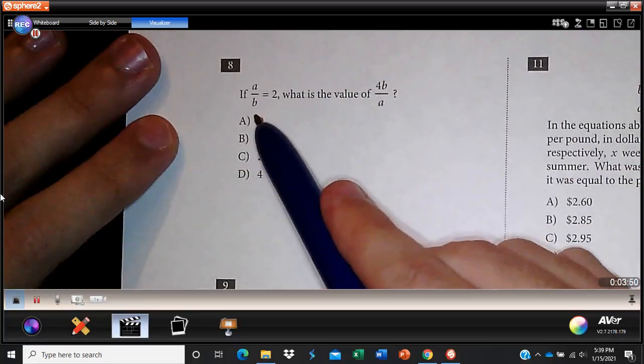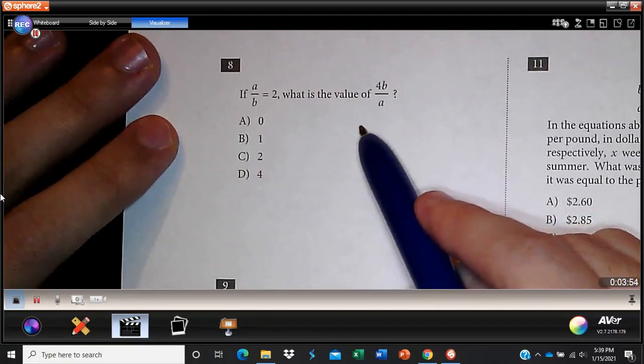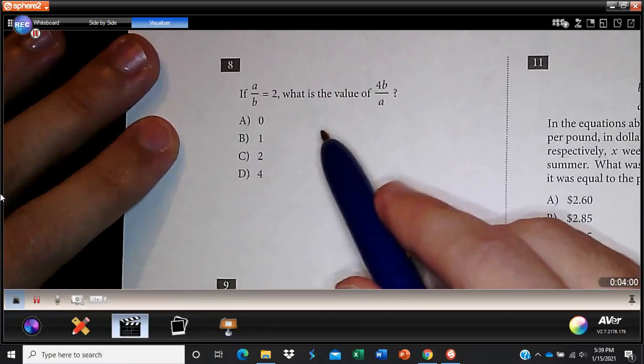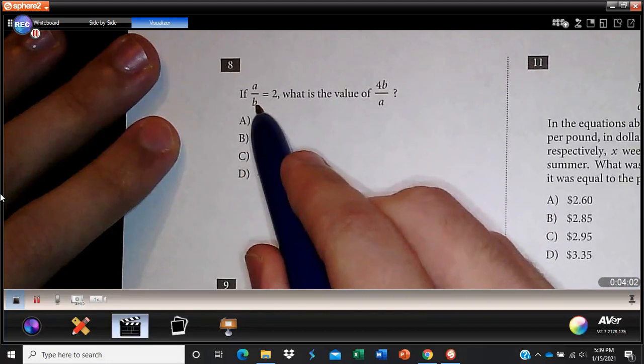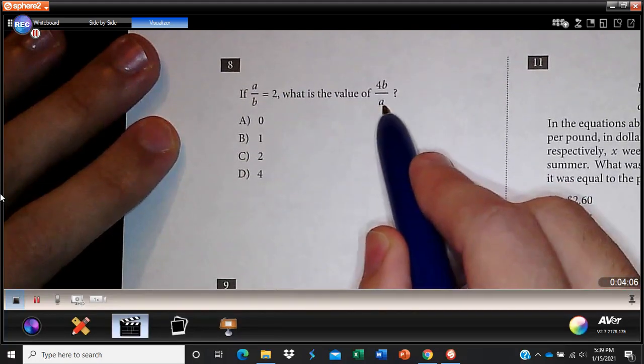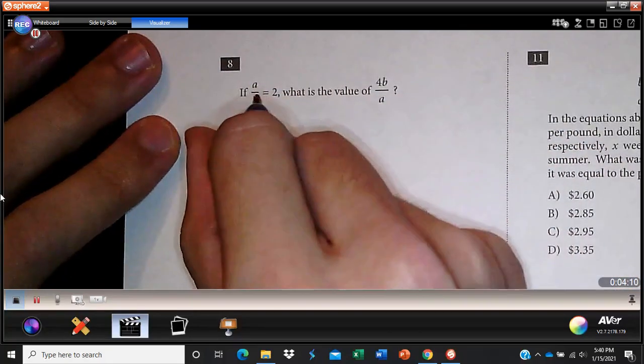If a over b is equal to 2, what is the value of 4 times b over a? Okay. So upon first instinct, I would probably think, let's just solve for a in this first equation and then plug it in here into the second expression. So how do I solve for a?